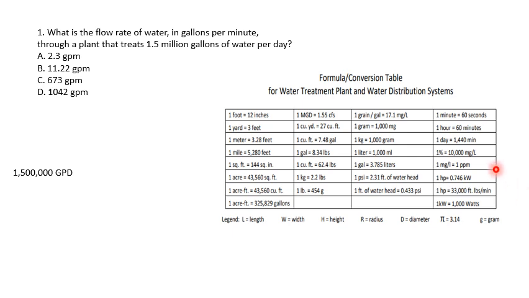You want to convert that, you can see that 1 day equals 1,440 minutes. Therefore, 1,500,000 gallons a day divided by 1,440 minutes in a day is going to give you the answer of 1,042 gallons per minute.